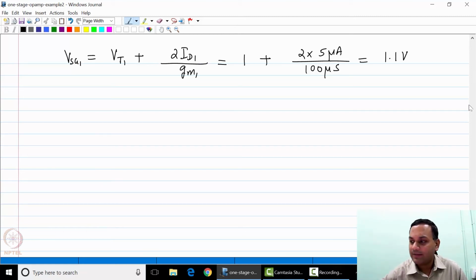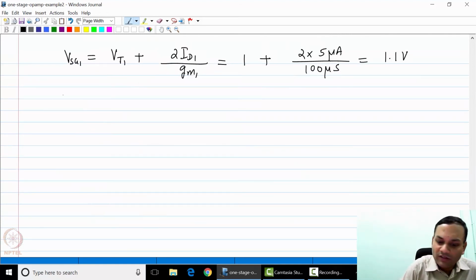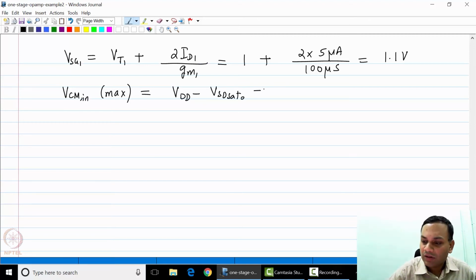In such a case, the value of VCM in max, which is 3.5 volts, so let us write that down here again, is VDD minus VSD sat 0 minus VSG1.